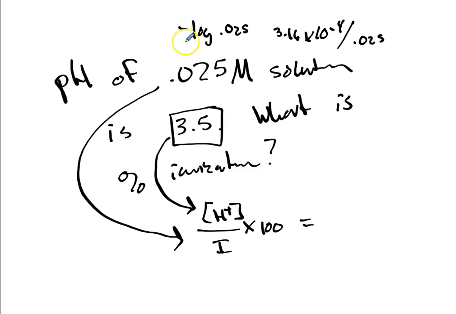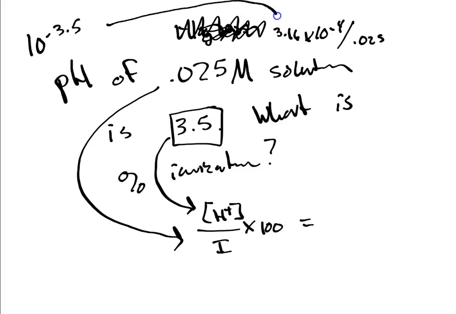Sorry, I did that moronically. The math, this is the right answer still, I just didn't write it. We take 10 to the negative 3.5, and that is what you put here. Divide that, and you get 0.0126. Times 100, so you get 1.26.